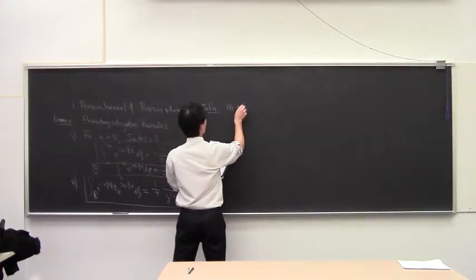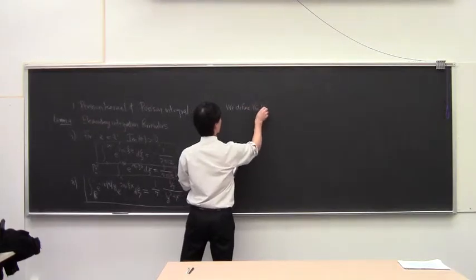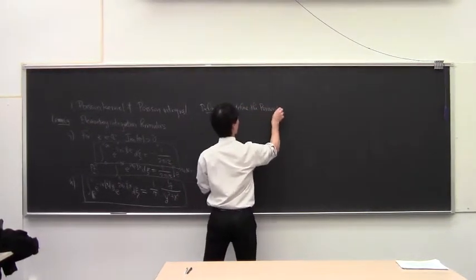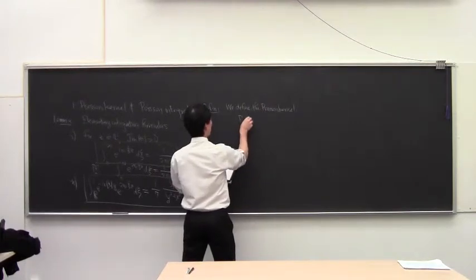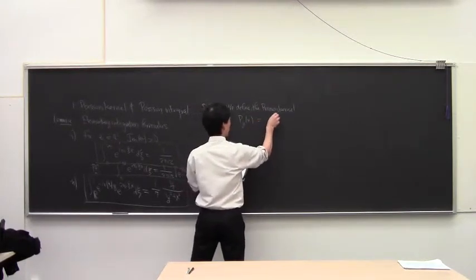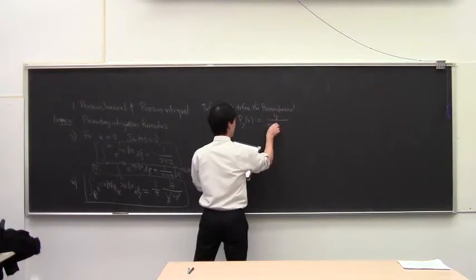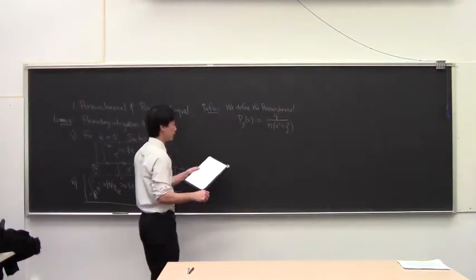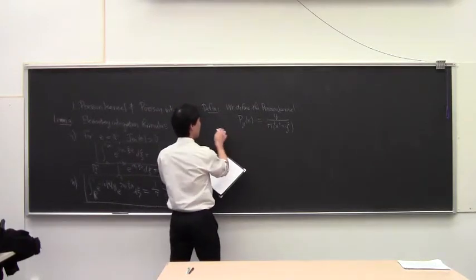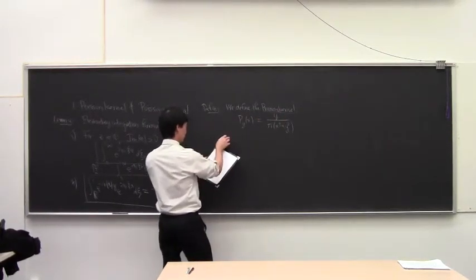We define the Poisson kernel P sub y of x as y over pi times x squared plus y squared. So that's this thing called the Poisson kernel.